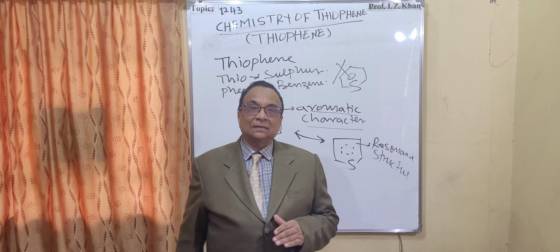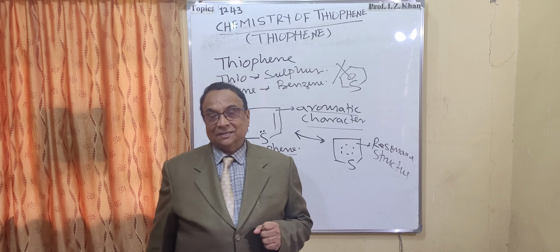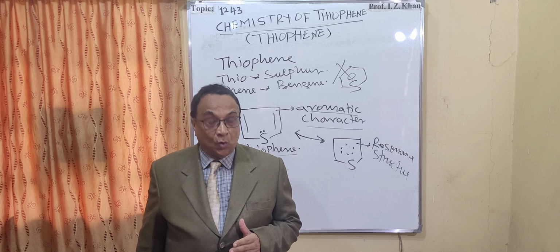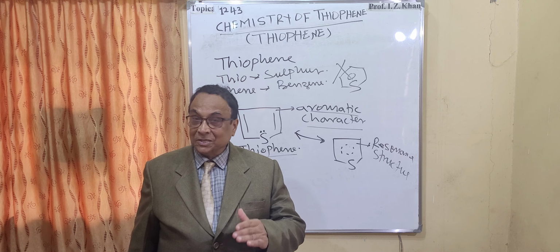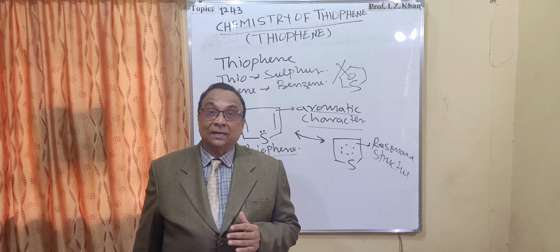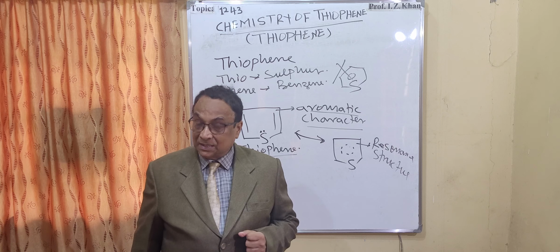Because of this delocalization of pi electrons, thiophene is aromatic in character, and it undergoes substitution reaction rather than addition reaction. And nowadays thiophene is playing a very important role in pharmaceutical and drug industries, and also in some pesticide and insecticide industries.